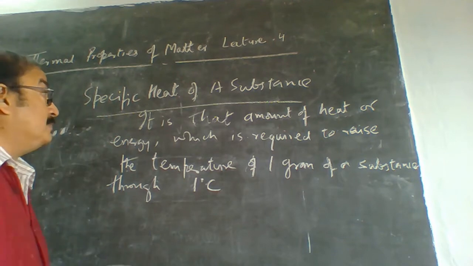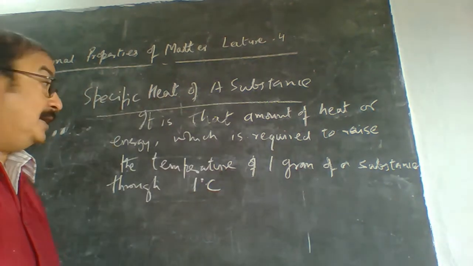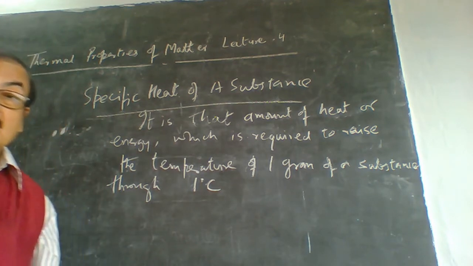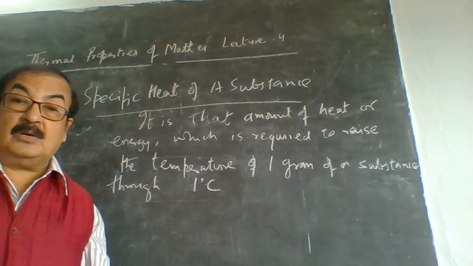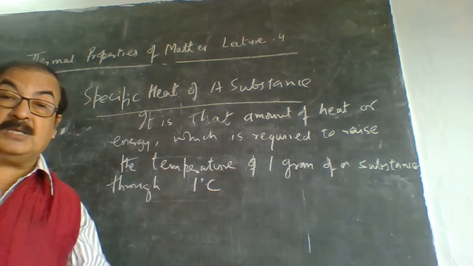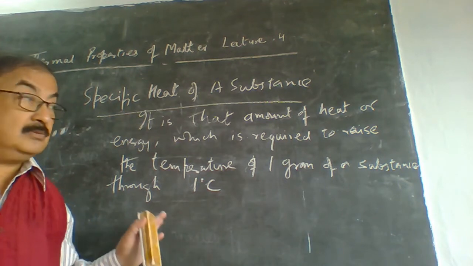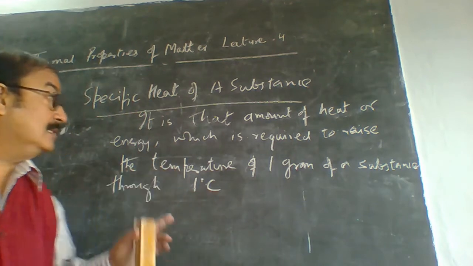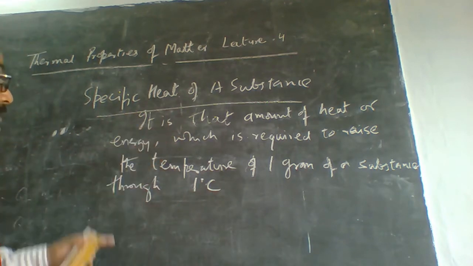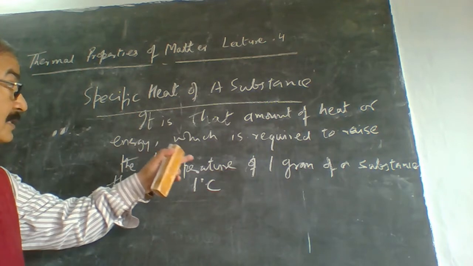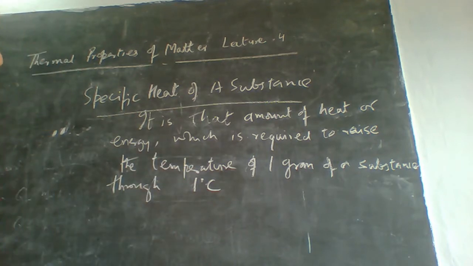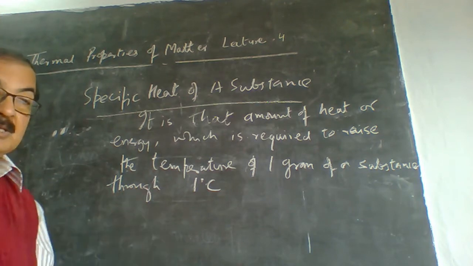Now here, specific heat of any substance is that amount of heat which is required to raise the temperature of 1 gram of that substance by 1 degree Celsius.